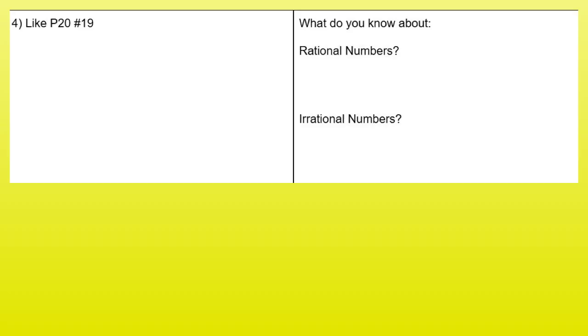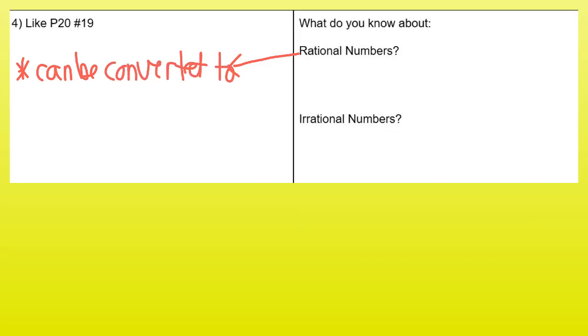So let's figure out what we know about those things. I'm going to do the rational information here because I write kind of big. So I know that a rational number can be converted to a fraction. So if I see any fractions, it's rational.